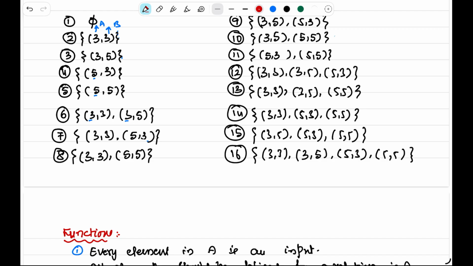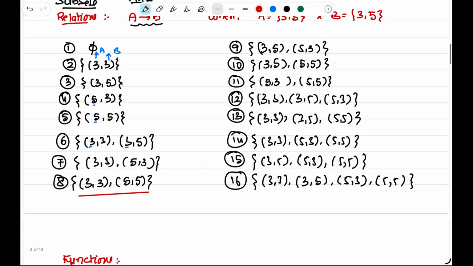Here (3, 3), (5, 5) is in R8, and (3, 3), (5, 5) is there in R13. (3, 3) is there, (5, 5) is there, R14. (3, 3) is there, (5, 5) is there for R16.